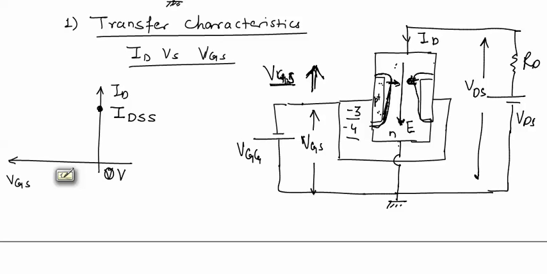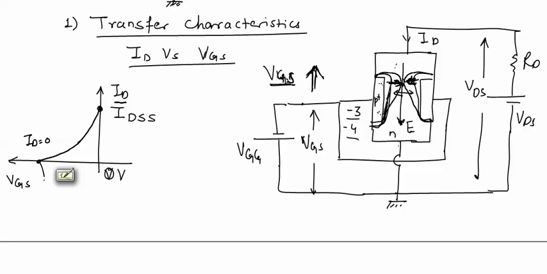If the channel width decreases, the current through the device decreases. And for a particular value of VGS, the depletion layer on both the sides will touch each other and the channel will be cut off. Channel will be cut off, and in this case, the drain current ID will be equal to 0.